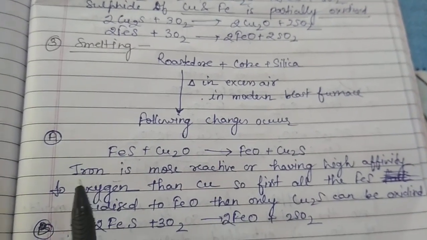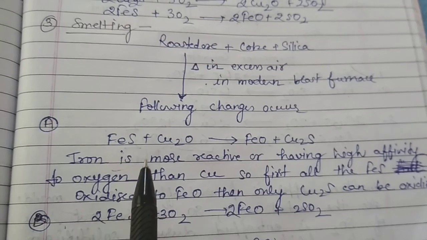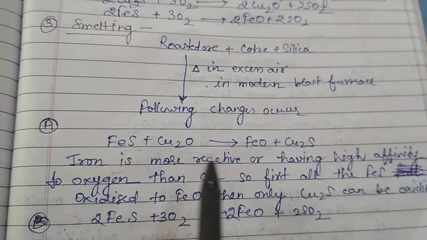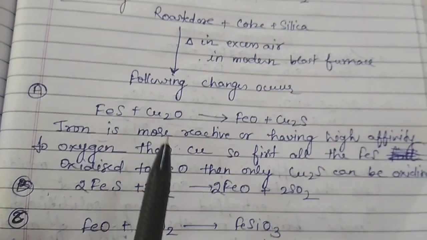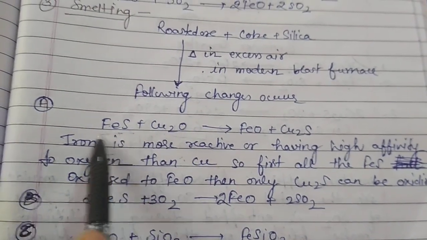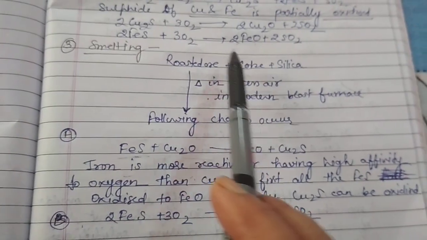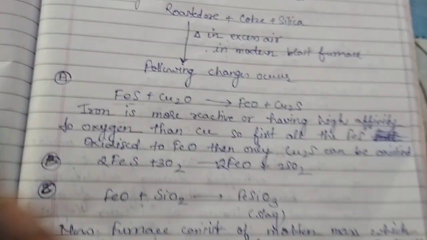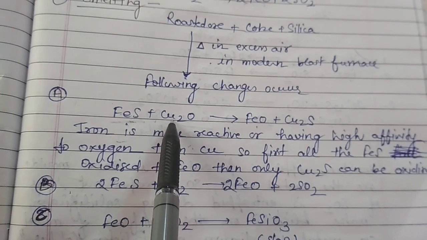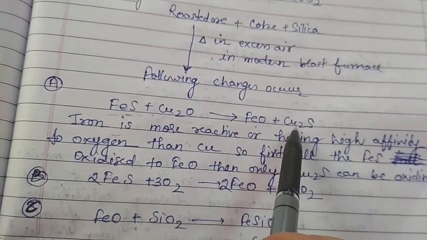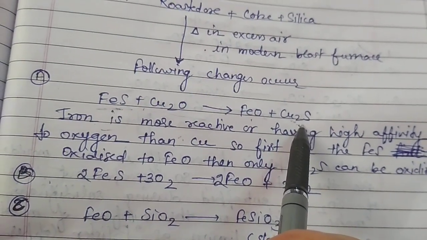Why is it happening? As we all know, iron has more affinity with oxygen, or you may say iron is more reactive than copper. So first all the FeS, however much FeS we are having, would be converted into FeO, and copper oxide again being converted to copper sulfide.